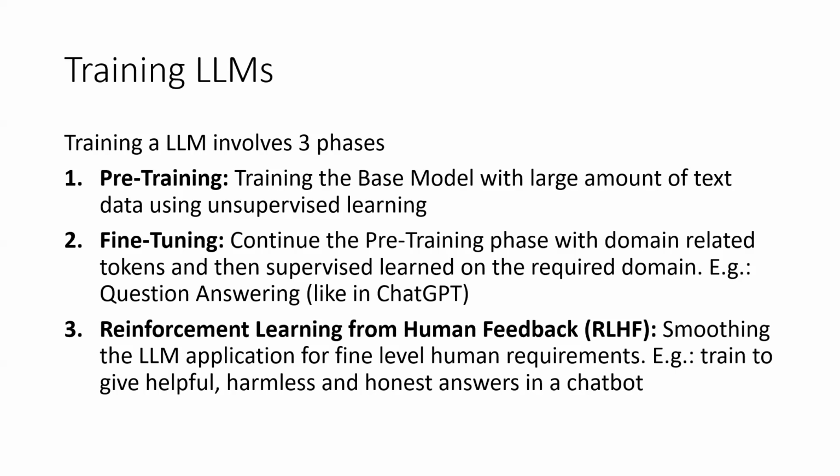Actually, in reinforcement learning, we are not engaging with humans, right? So we are using another model for human feedback, and we can smooth the responses that are given by the LLM in the application of a chatbot, right?